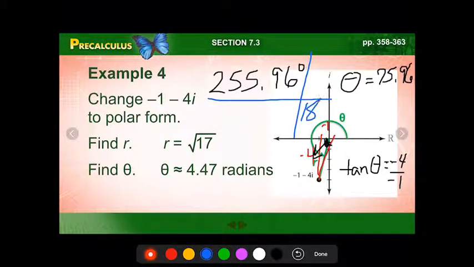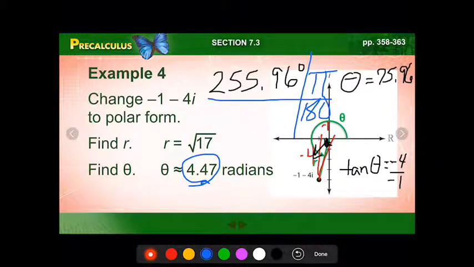So 180 has to be in the bottom, pi will be on the top, and when you punch that in on your calculator, literally 255.96 times 3.14, and then divide that by 180, my calculator displays 4.465, which does round up to 4.47. So they put it in radian form, and that's perfectly fine, but that's exactly how it would be written to convert it into that form.